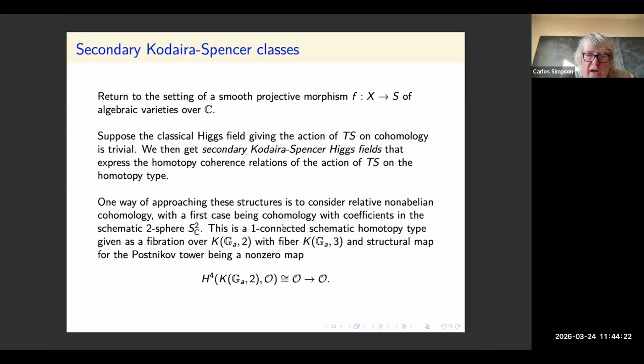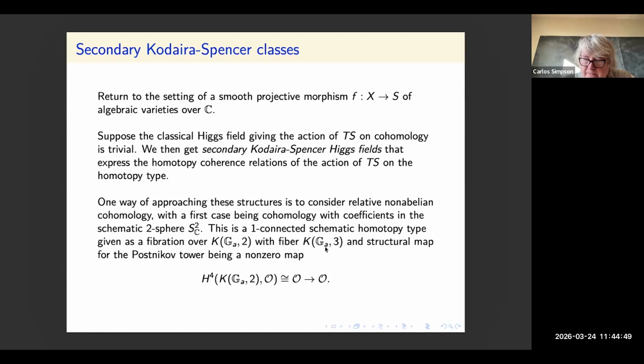But we can again look at cup products, and in our case eta cup eta comes down to looking at non-abelian cohomology with coefficients in the schematic two-sphere. The schematic two-sphere has two steps in its Postnikov tower. It has an additive group in degree 2 and an additive group in degree 3.